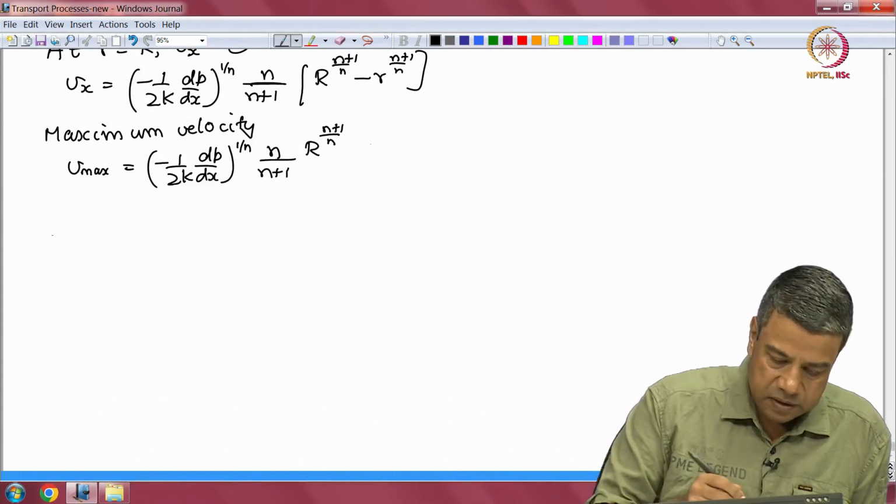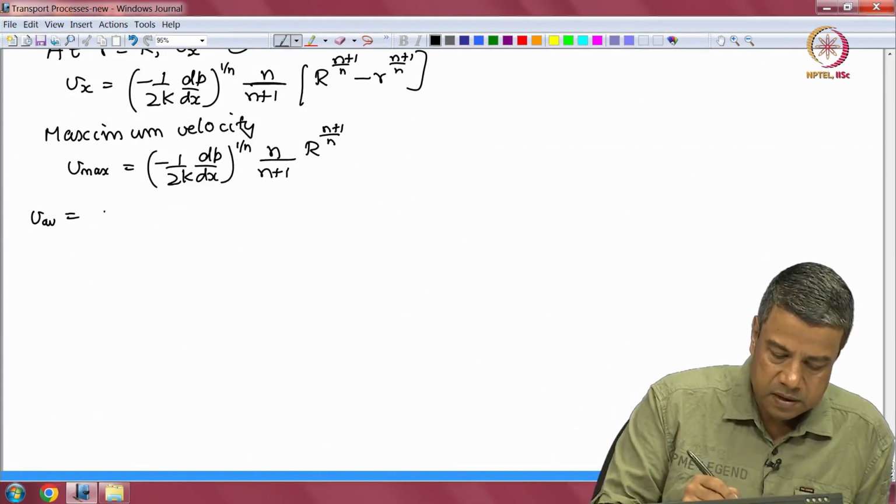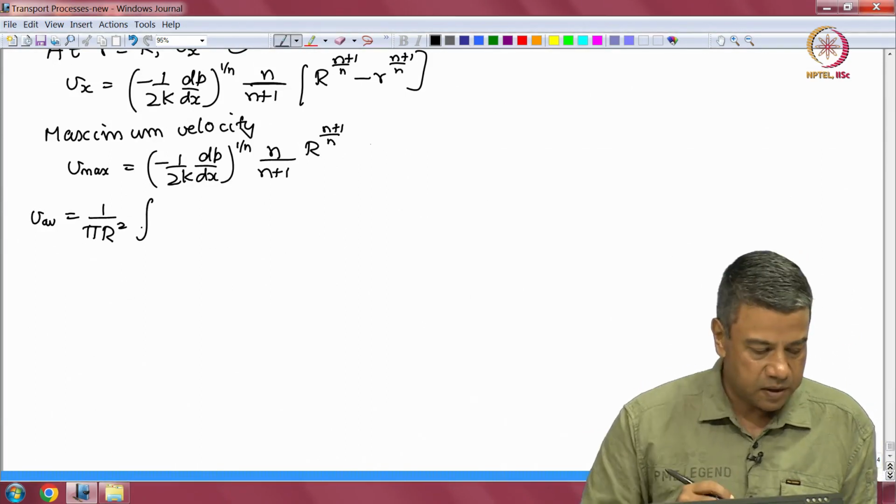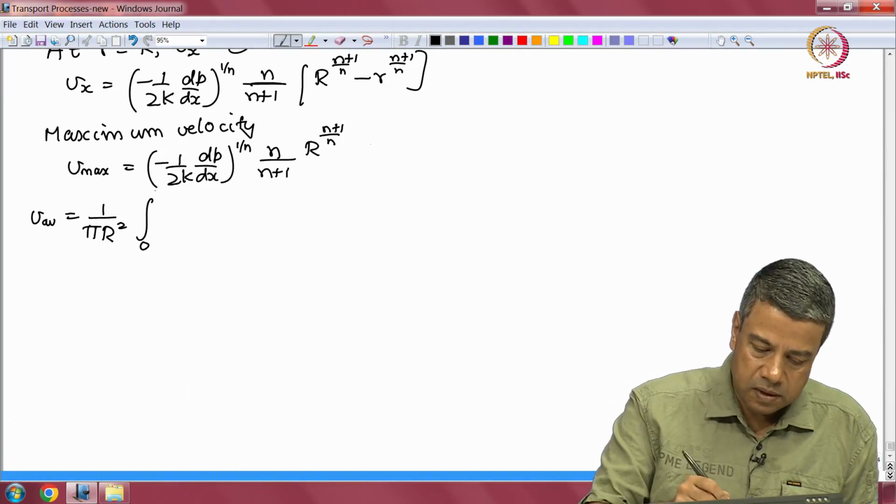What is the average velocity? It is equal to 1 by pi r square, the cross sectional area, times the flow rate, integral 0 to r.